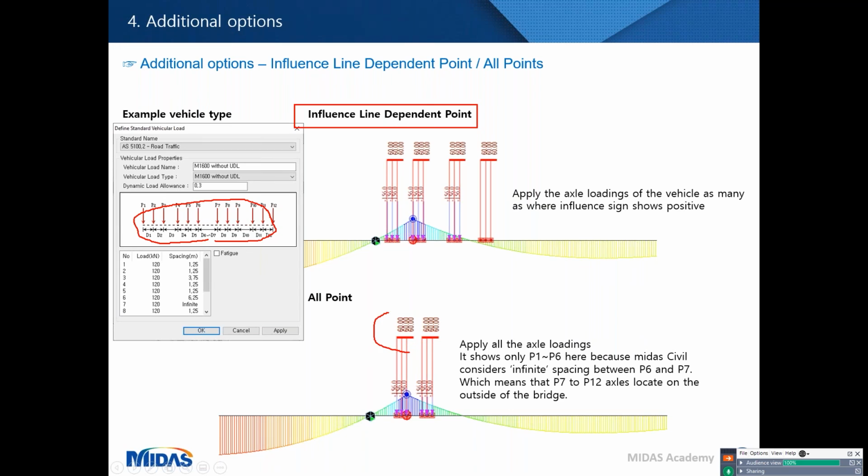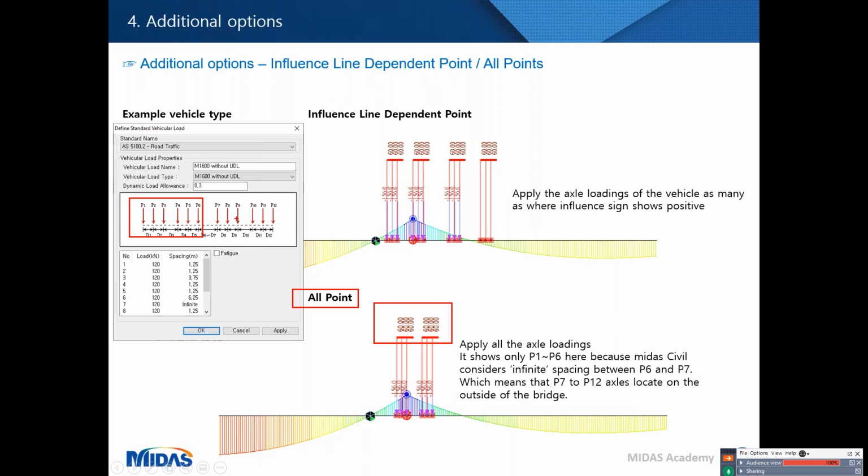But in this example, it is showing only 6 axles, 1, 2, 3, 4, 5, 6. Here. 1, 2, 3, 4, 5, 6. As I mentioned, for all point option, it's supposed to be applying all the axle load, but axle load number 7 to 12 is not showing here because as it considers infinite spacing, these axles are outside of the bridge.